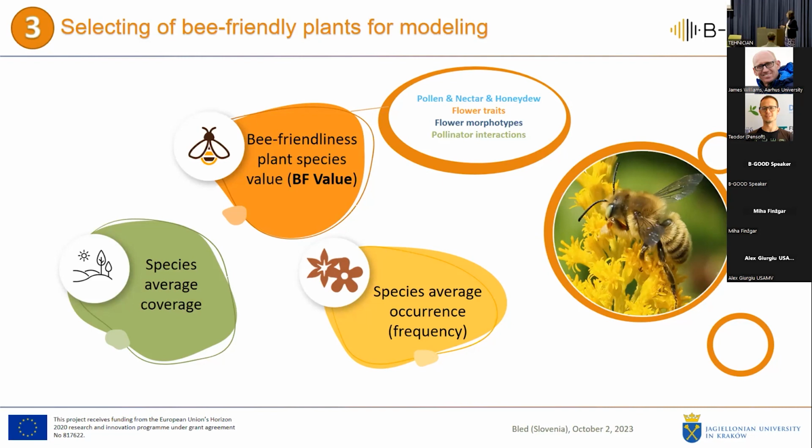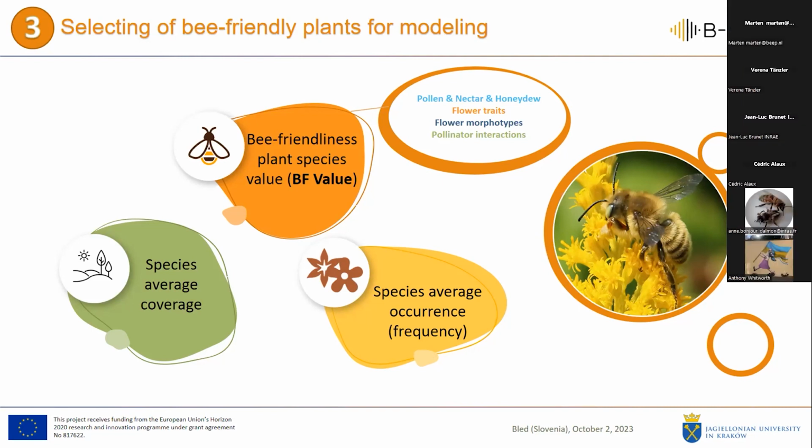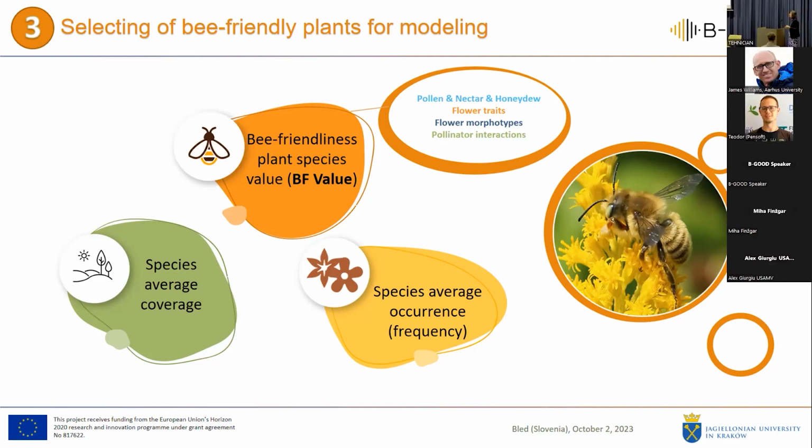And this bee-friendliness value was integrated with the information about the species average cover and the species average occurrence, so how frequent the species is within a given habitat, and that ranked our species list in each bio-unis habitat type.